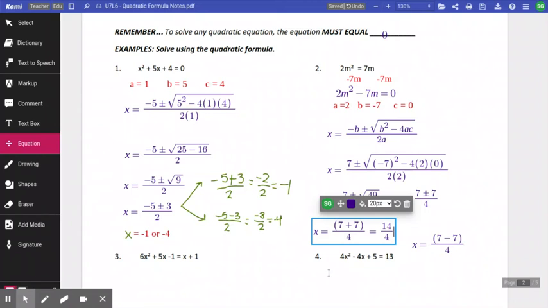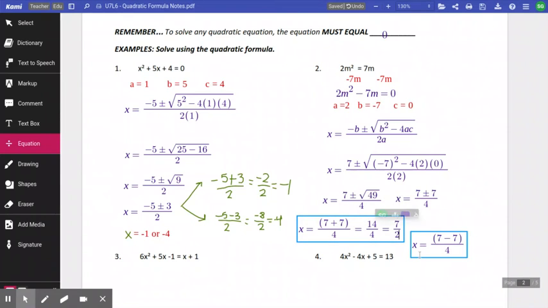We could simplify that by dividing by 2. When you divide by 2, you get 7/2. You could also write it as a decimal if you want. The decimal would be 3.5. This one here, 7 minus 7 divided by 4. Well, 7 minus 7 is 0, and 0 divided by 4 is just 0.